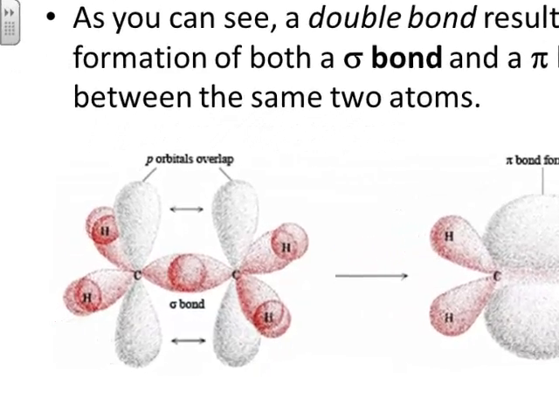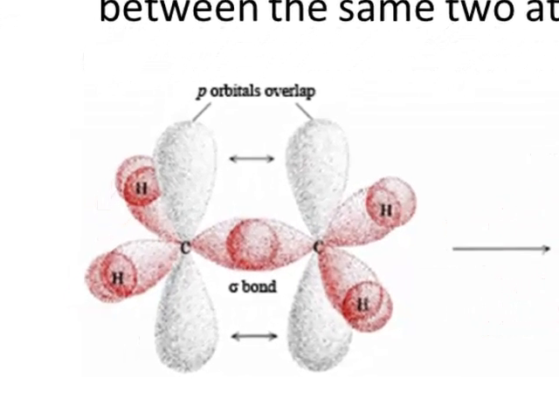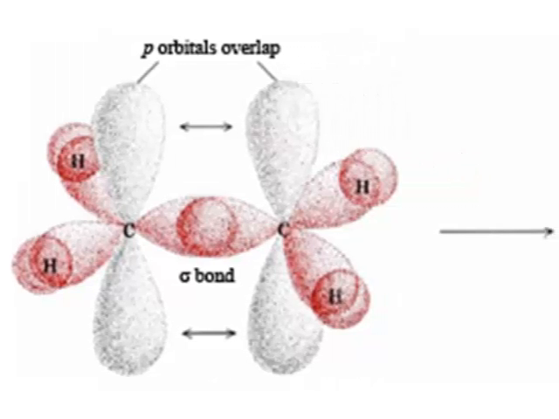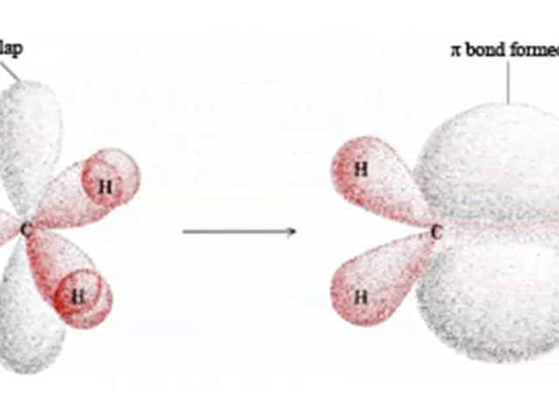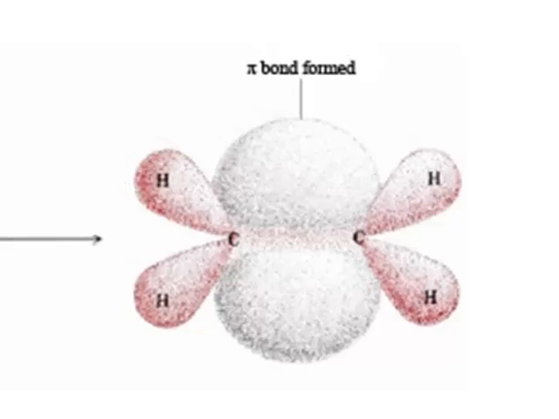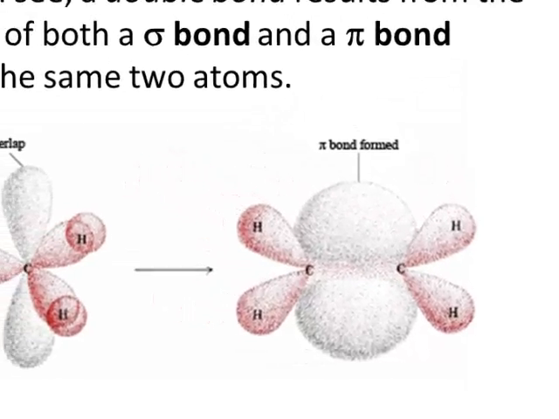We can see the individual orbitals and how they overlap in this left diagram, end-to-end resulting in the sigma, while the side-by-side overlap results in the pi bonding. And if we look at this diagram, we can see the pi bond being formed using those giant sausage-shaped regions to represent the single pi bond that's forming there. We don't really see the sigma bond in this right diagram, but we do know that it's there. We saw it in the left diagram. It's just being masked by the pi bond that's shown here.